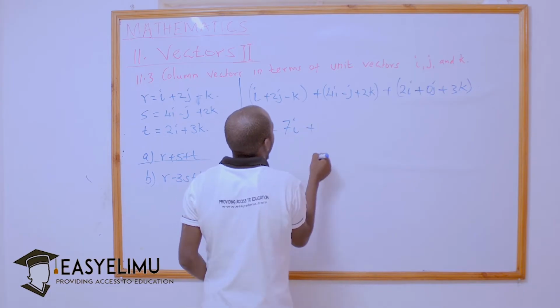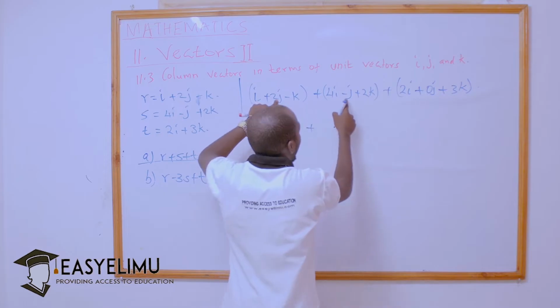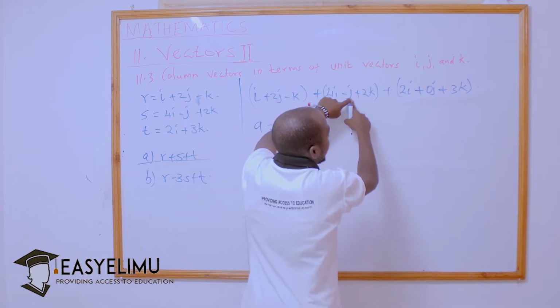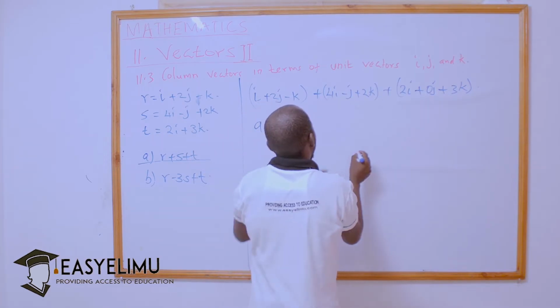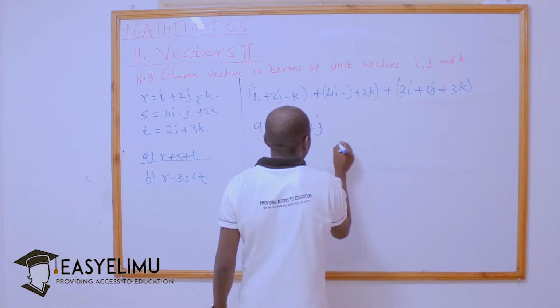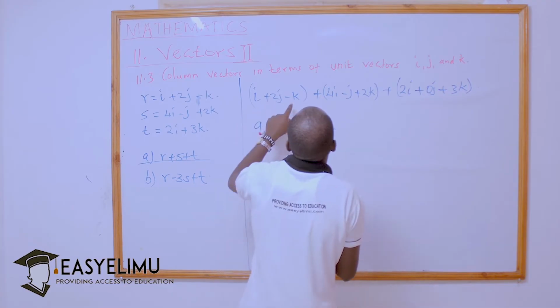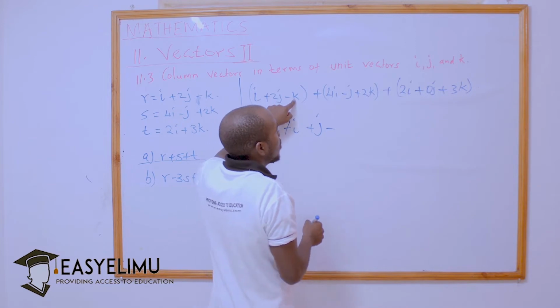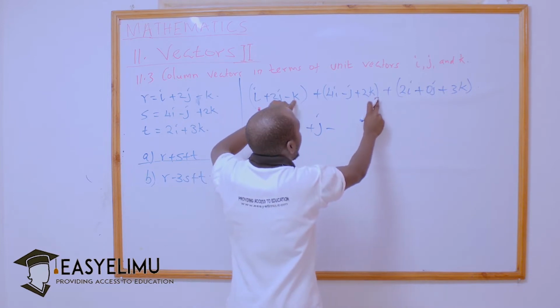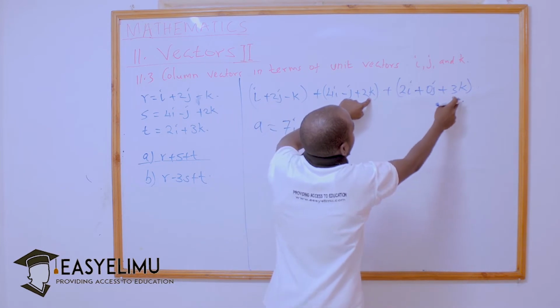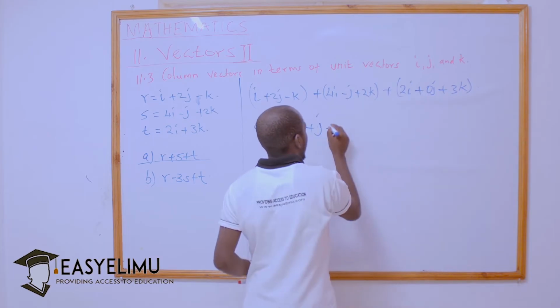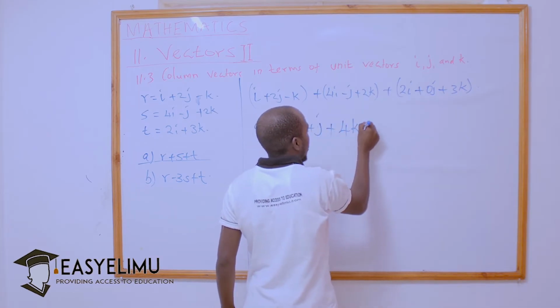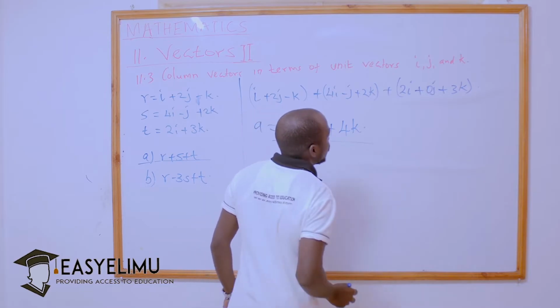Then 2j minus j leaves j, plus 0j, so we have plus j. Then minus k plus 2k gives k, and k plus 3k gives 4k, so it is plus 4k. That is the answer which you will find.